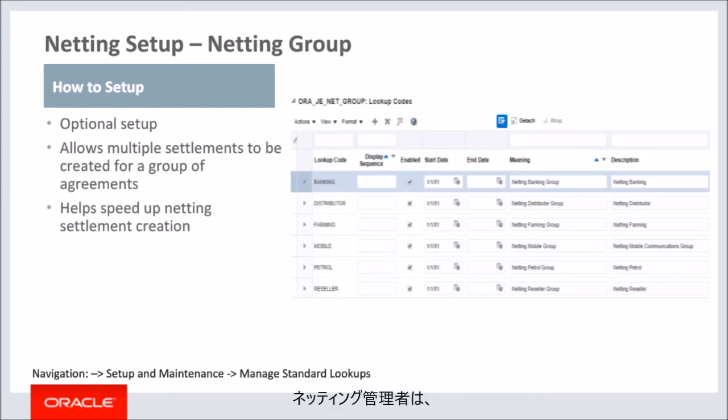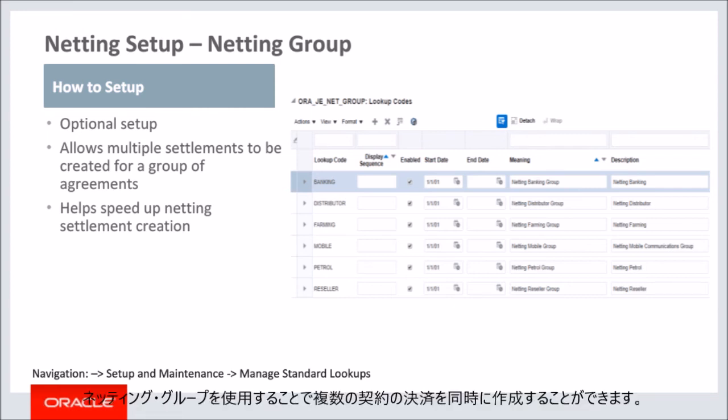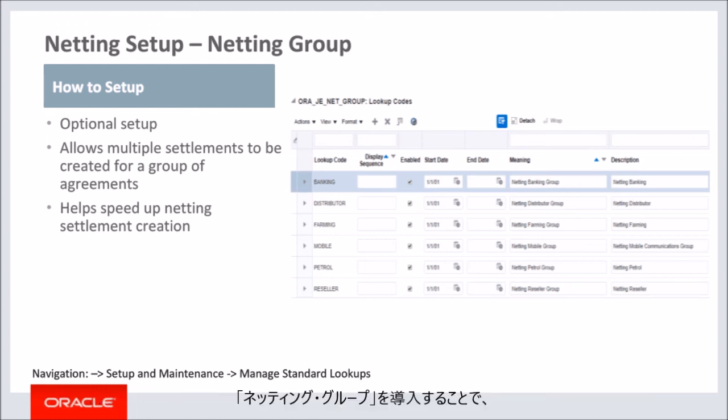Netting groups allow the netting manager to optionally create settlements for multiple agreements at the same time. You can implement netting groups to group together similar business-related agreements for settlements. For example, if you want to net for different trading partners or industries, in this example, retail banking, distributors, farm and trading partners, or petroleum trading partners, enter the netting group that can be associated to an agreement.